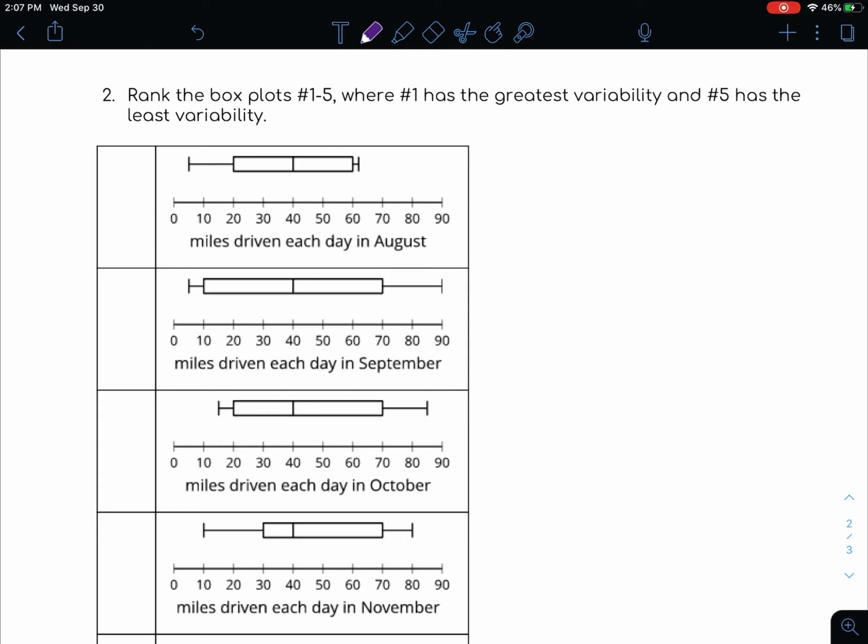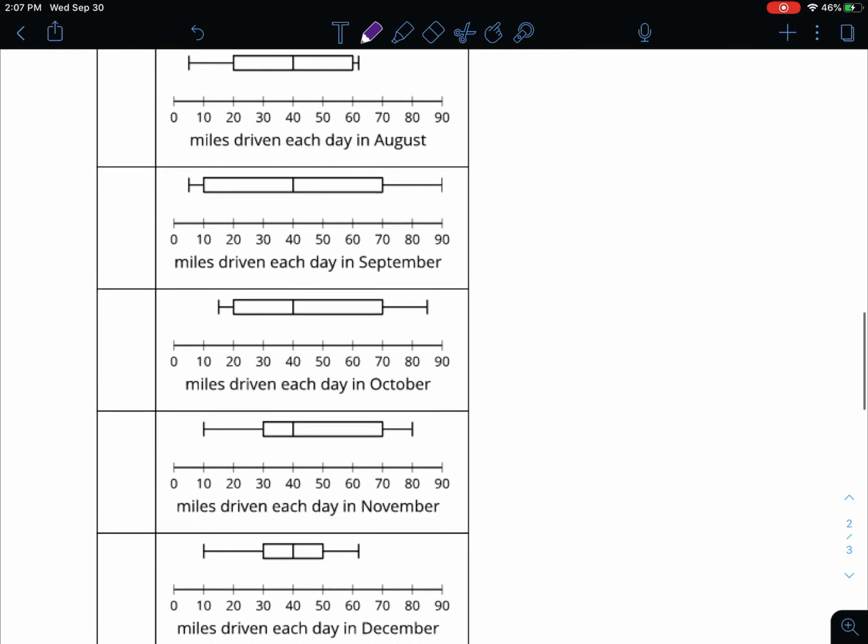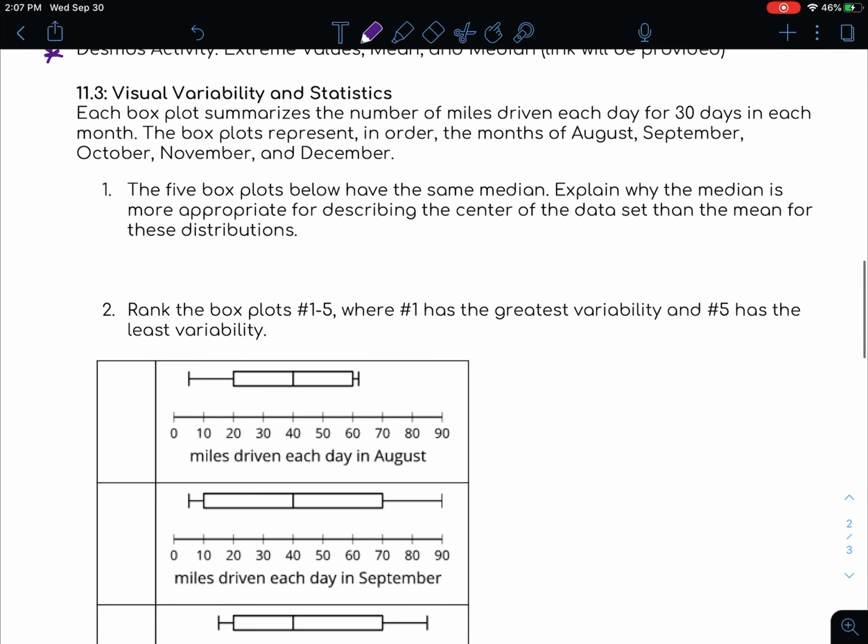All right, so if you notice the box plots, each one of them kind of has a tail. The first one tails off to the left. It's got that longer tail. The second one tails off to the right. Same thing with the third one, tails off to the right. Fourth and fifth tail off to the left. So they all have some level of skew.